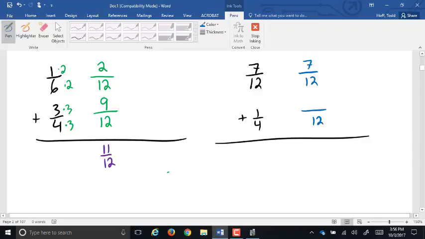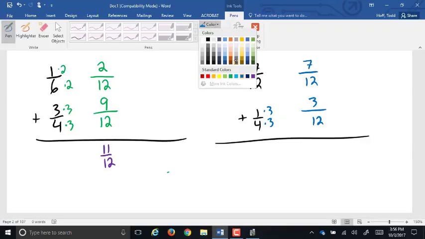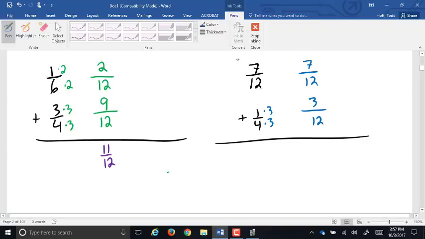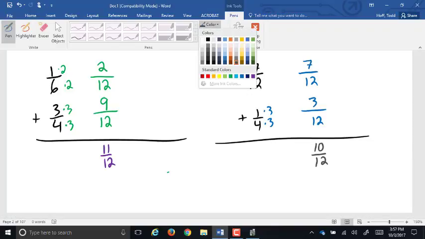So if we use 12, the 7 12ths does not have to change. 1/4 would become 4 times 3, so 1 times 3 is 3. We would add to get 7 plus 3 is 10 12ths.